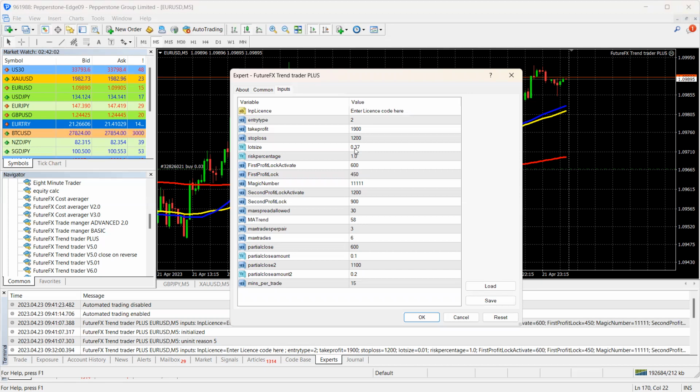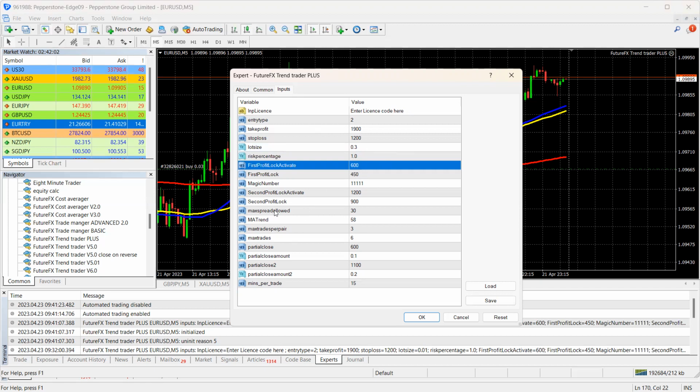So if I was trading, let's say US30, which is an indice with a minimum lot size of 0.1, if I entered 0.37, that's not a lot size that can be taken out. So you will get no trades. However, if I put it at 0.3, now I would get trades.